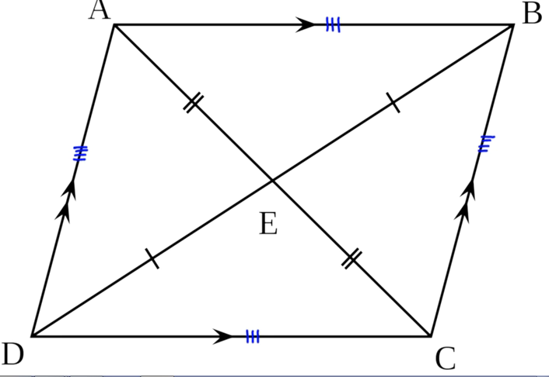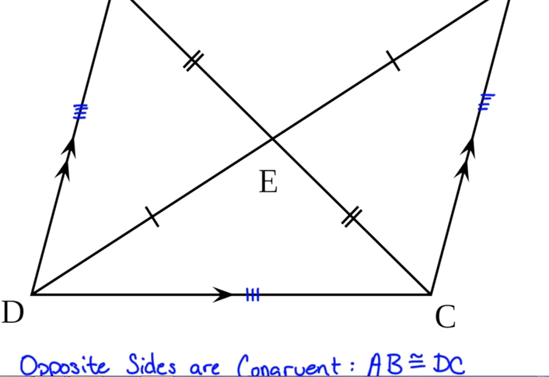A property of parallelograms is that diagonals bisect one another. Okay, so when you draw the diagonal from A to C and from B to D, they cut each other in half when they intersect. Okay, so from A to this point in the middle, E, and from E to C, those have the same length. Okay, that's why they're marked with two tick marks there. And from B to E and from E to D, those are congruent.